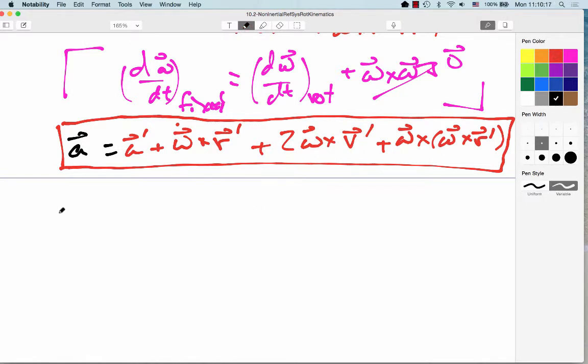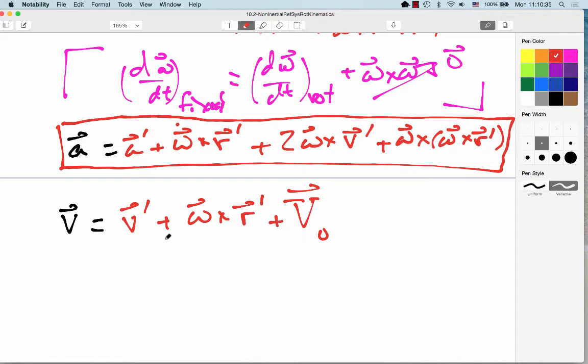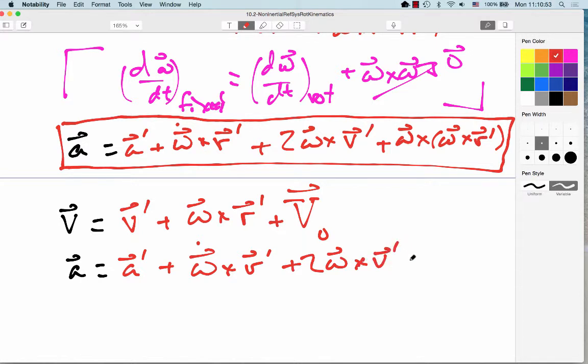So with that, we have v equals v prime plus omega cross r prime plus v naught, and A equals A prime plus omega dot cross r prime plus 2 omega cross v prime plus omega cross r.